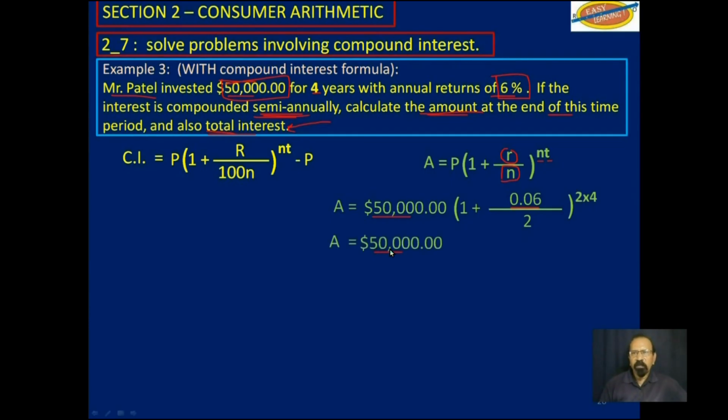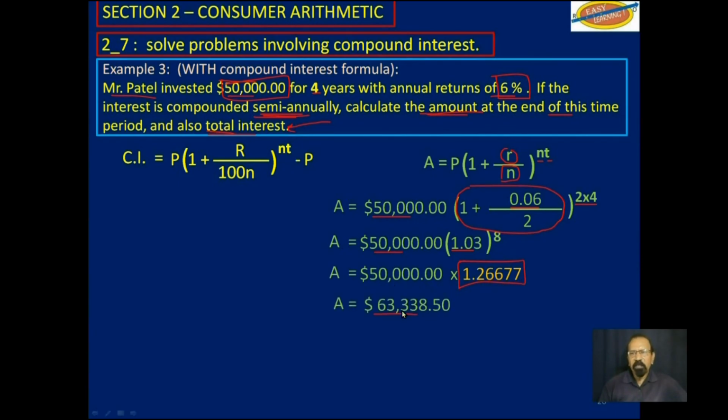And so 50,000 multiplied by this piece here works out to be 1.03. And then we will carry that to the 8th power. So it's 50,000 multiplied by this amount. Now that is the factor by which it will increase. So the $50,000 will become 1.26677 times the 50,000, and you get $63,338.50.